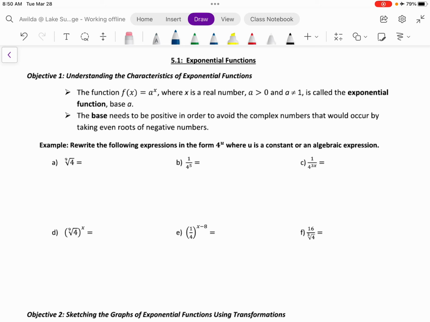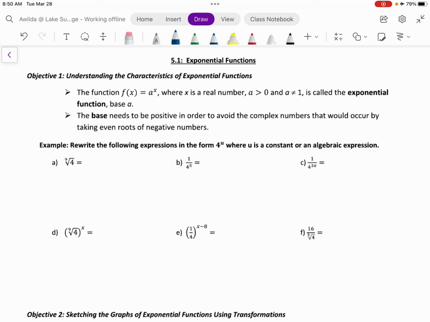So we will write these as powers with base 4. Some other instructions may ask you to evaluate the expression, in which case you would actually try to represent the expression as a real number. But for these examples, we're simply rewriting these in terms of a base 4.